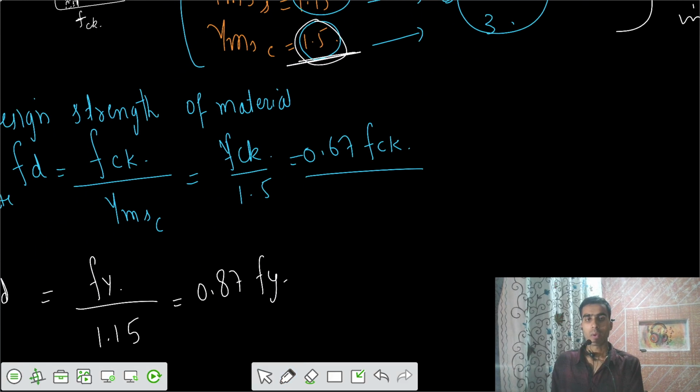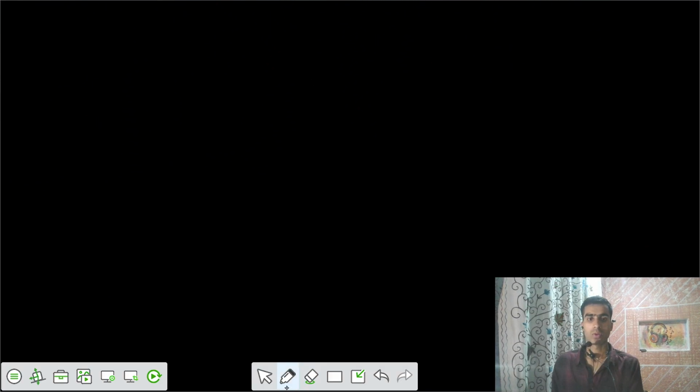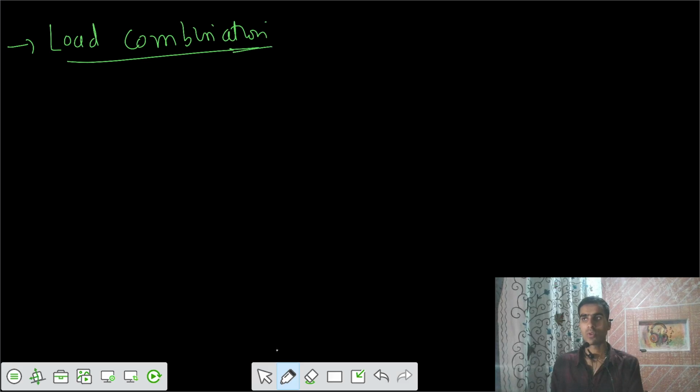Now we got this partial safety factor also. Now let's talk about the loads. We had different load combinations, and based on them we had different factors associated with those loads. The first is that if there is dead load only and live load only, these are the two loads acting on the structure, say a small building with the dead load of the structure and some moving live load also.